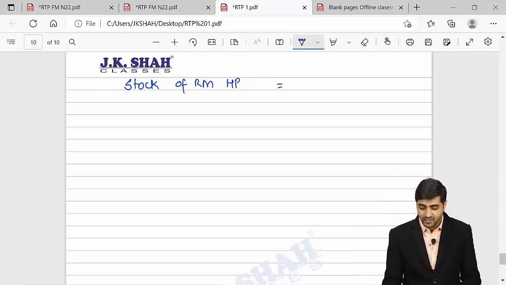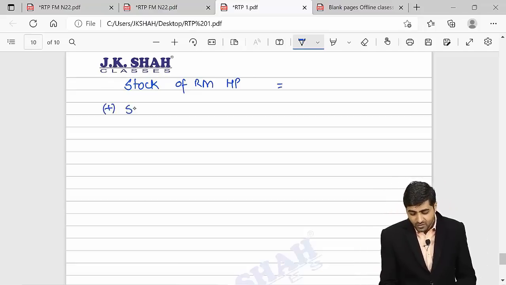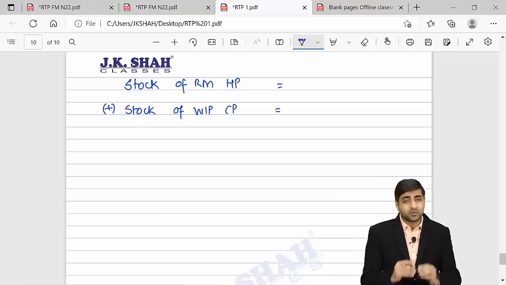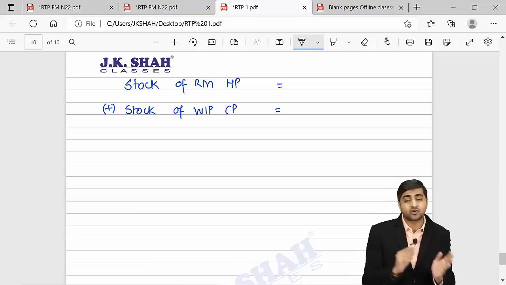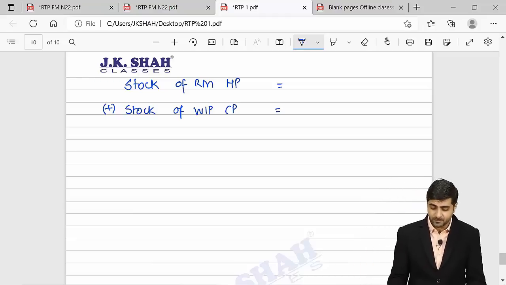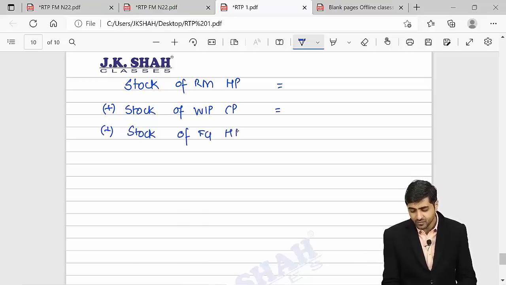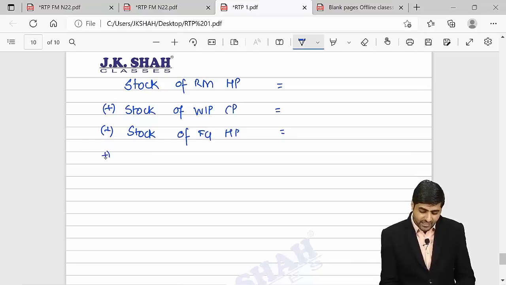Then your stock of work in progress conversion period, how much time it requires to convert from your raw material to your finished goods. So that's called your work in progress conversion period. Then your stock of finished goods holding period, and then your debtors collection period.